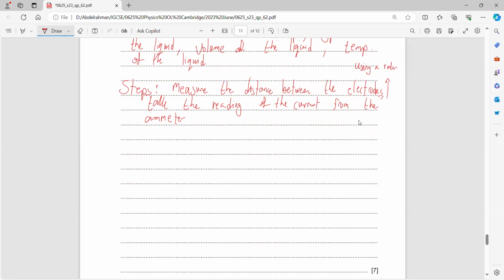Take the reading of the current from the ammeter and then finally repeat the process for different distances between the electrodes. These are the steps.